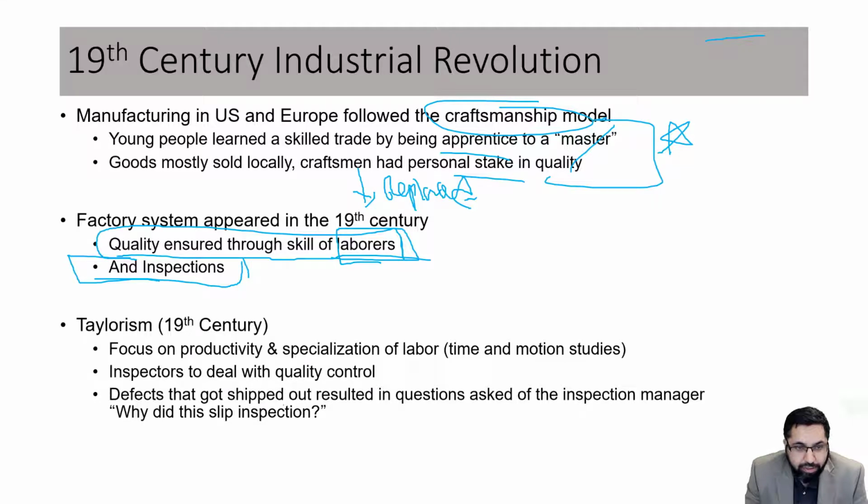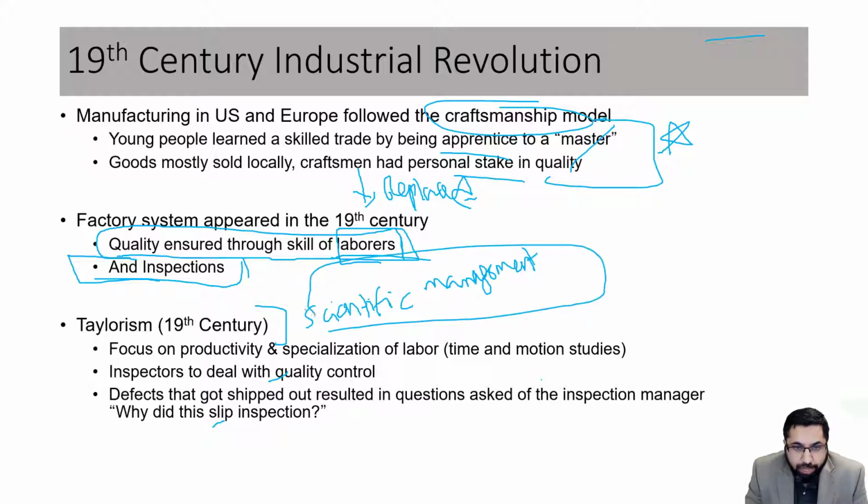Then in the 19th century, we also had the rise of what's sometimes called scientific management, or Taylorism. This was the idea that managers should collect data and design processes that ensure quality and efficiency.